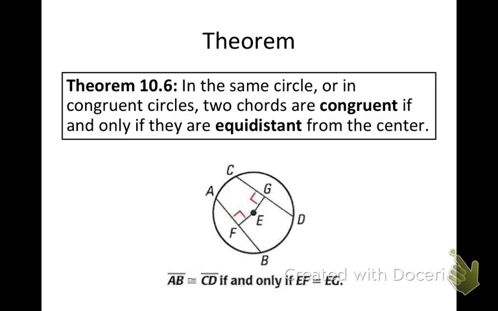So as long as FE and EG are the same, so if EF is equal to EG, then I can say that my chords are congruent. So line segment AB is congruent to line segment CD if and only if EF equals EG. That's what this theorem is telling us.